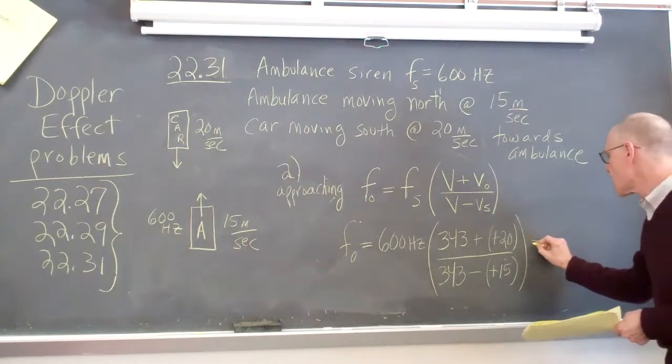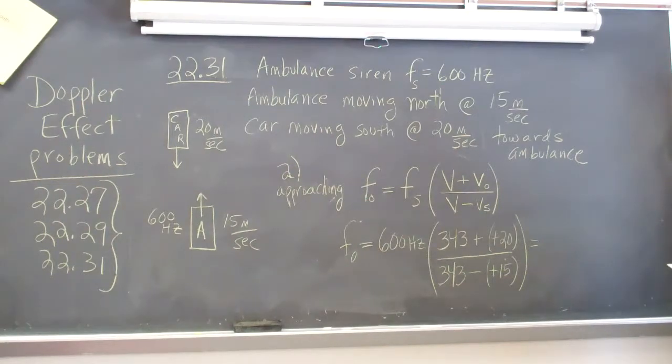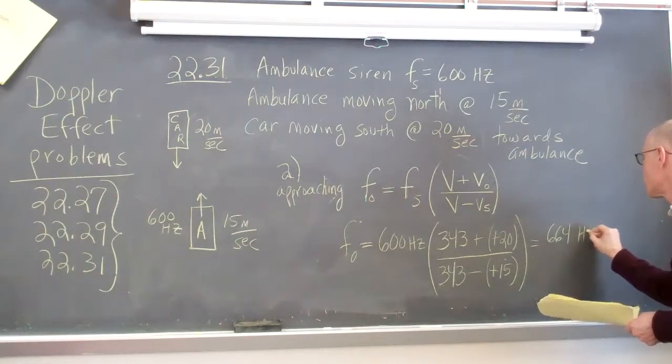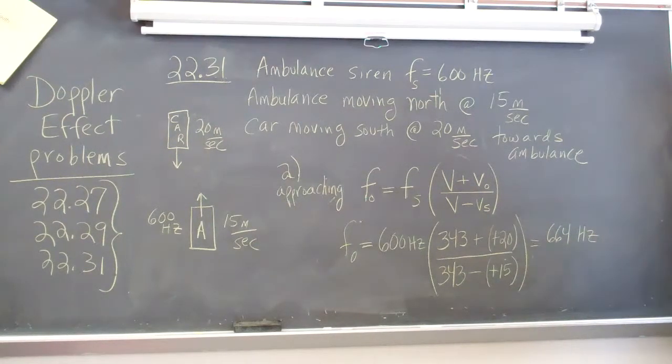If you do the calculations, you would assume that the frequency heard by the observer will be greater than 600, and that ends up being 664 hertz. If you get a result, for any of these problems, in an approaching situation that is less than the frequency of the source, then you did something wrong in the calculation, and you can go back and check it.